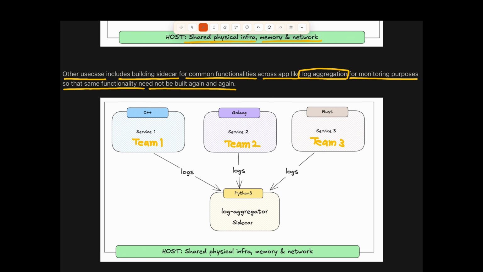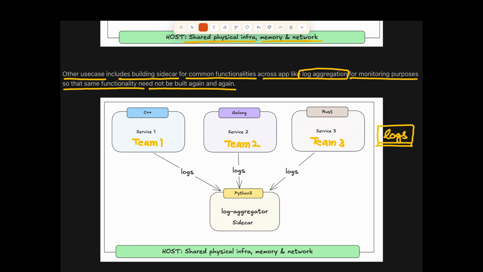All these services have some common functionality. Let's say they want to have some log aggregation. Each service will be emitting some logs, right? For traceability purposes, for debugging purposes. If any production incident happens, how do we know what the root cause is? Right? So that's why each service is bound to emit some logs, and these logs should be aggregated.